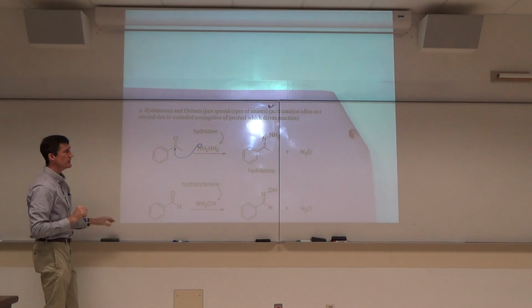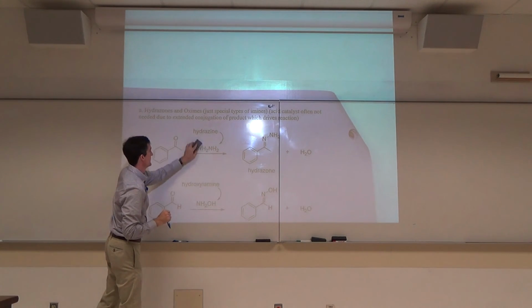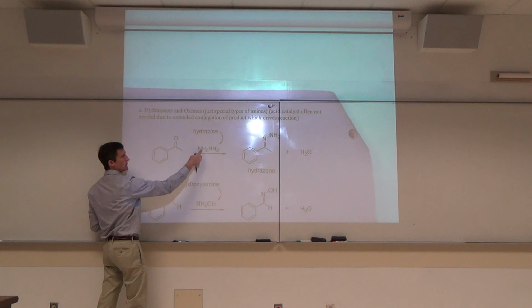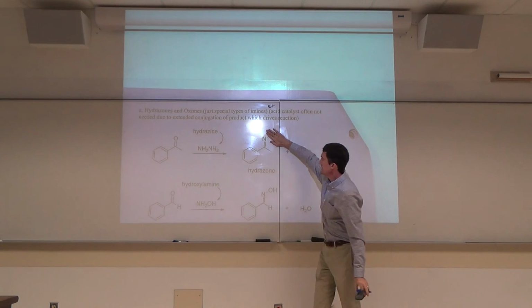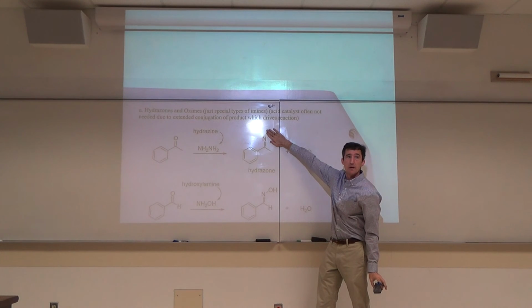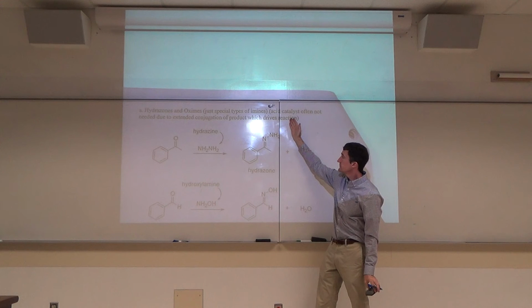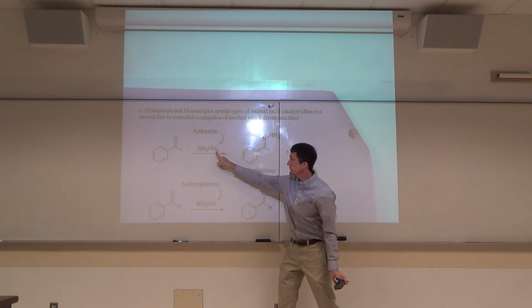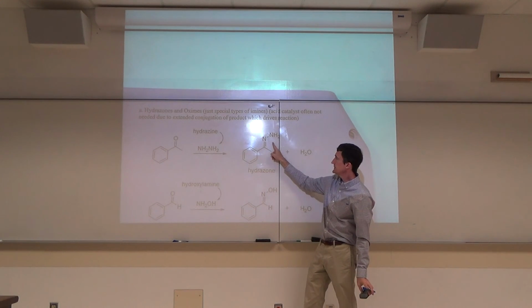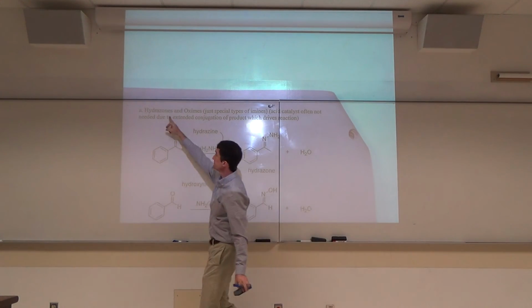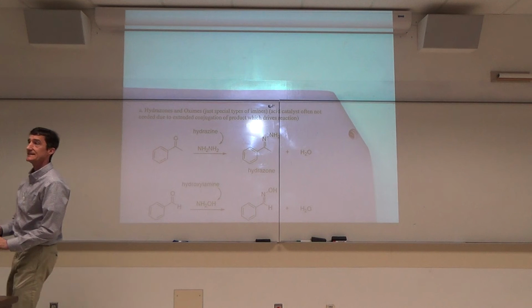But if this reacts and you lose H2O, okay, there's your imine. But if the imine nitrogen is bonded to another nitrogen, that means you used a hydrazine to make the imine. This is called a hydrazone. Whenever you use a hydrazine to make it.